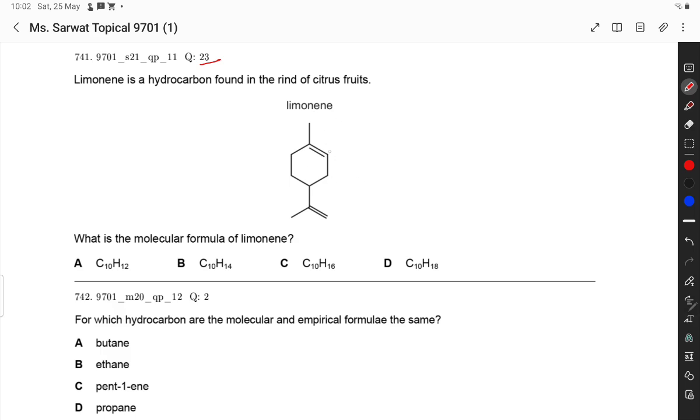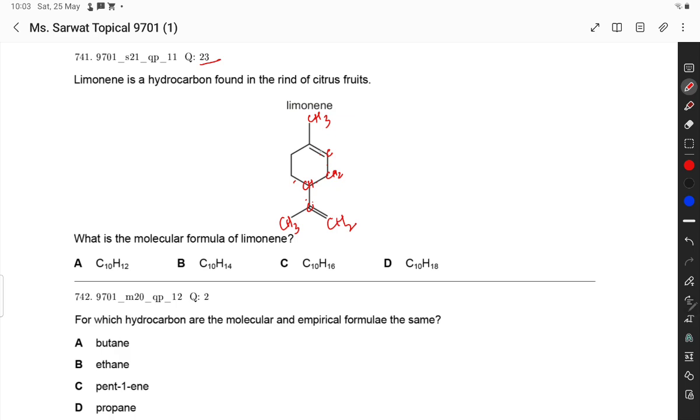So let's start. This is carbon, this is CH2, this is 1 2 3 CH, and this is CH, 1 2 3 4. This is only one carbon, and over here CH3, and this is CH2, and this is also CH3.